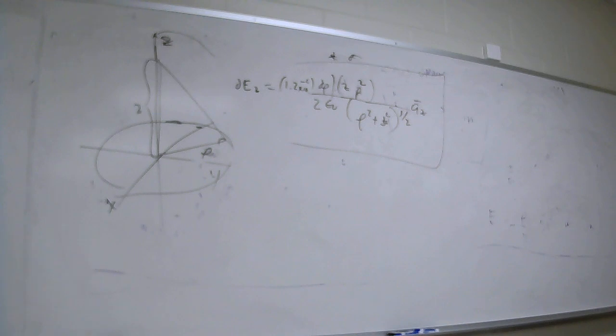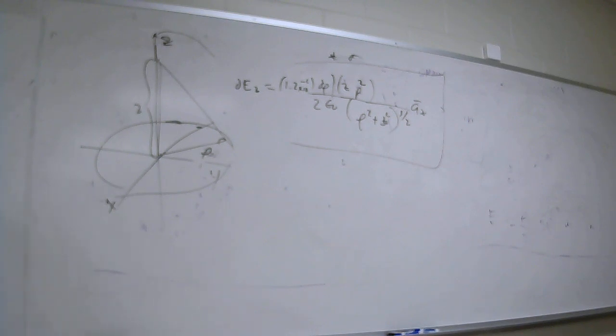I'm going to leave epsilon naught the way I like it, MKS. Then I have z out in front, right? Then I have to integrate. It's in the az direction, by the way. Then I have to integrate from 0 out to the radius of 5 centimeters, or really it's going to be 0.05 meters. Do y'all agree with that, class?